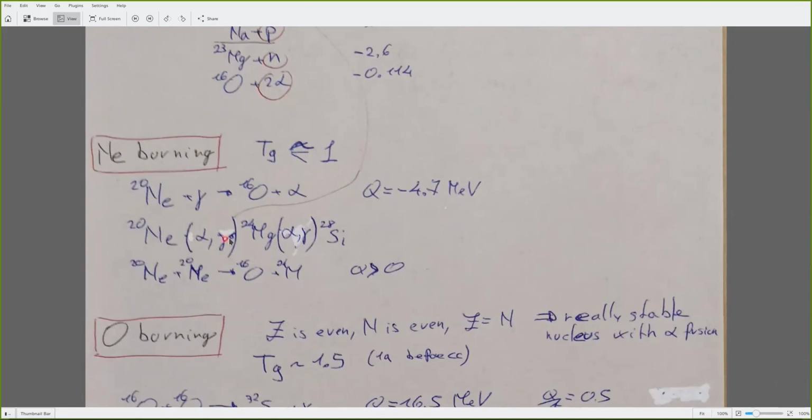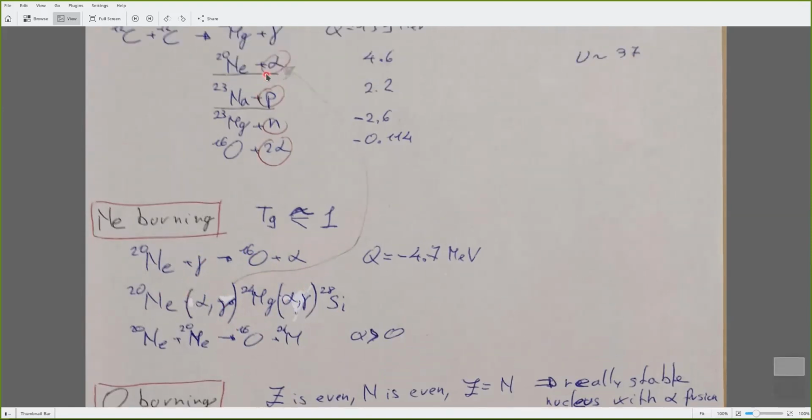But it's important for the products, because with neon you have photodisintegration, and you have production of oxygen and alpha. This part is the opposite of this one. Here it produces neon and emits an alpha.